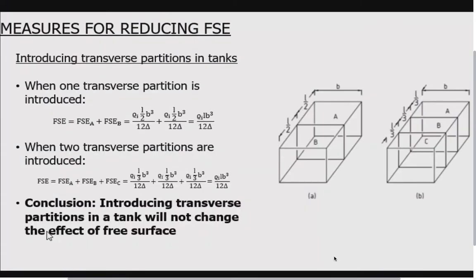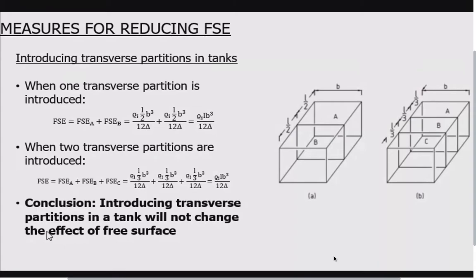All right, let's go to introducing transverse partitioning of tanks. Some of the tanks have partitioning. Maybe you have one tank that you have partitioned in a certain way. I think when you do systems, they will tell you why they partition some of them.